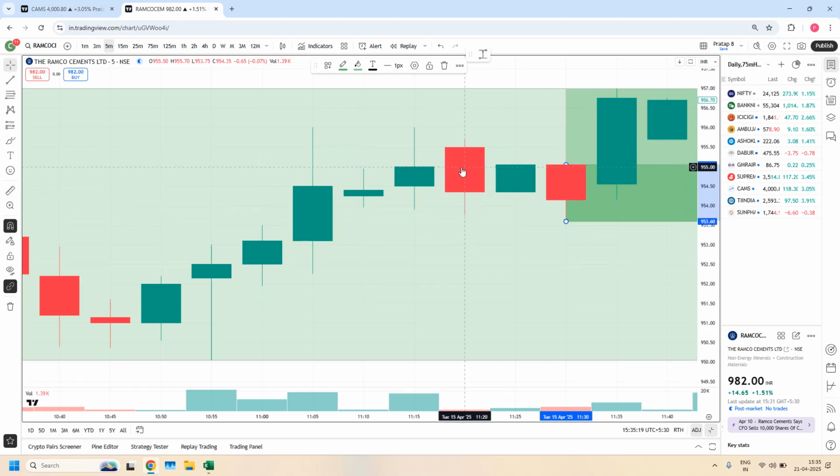See, we have a situation: candle body is greater than 50% but less than 75%. If the candle body is greater than 50, you can't use that as a base candle. If the candle body is less than 75, you can't use that as a leg candle as per our initial rules. But this situation is different. Candle body is more than 50% and also less than 75%.